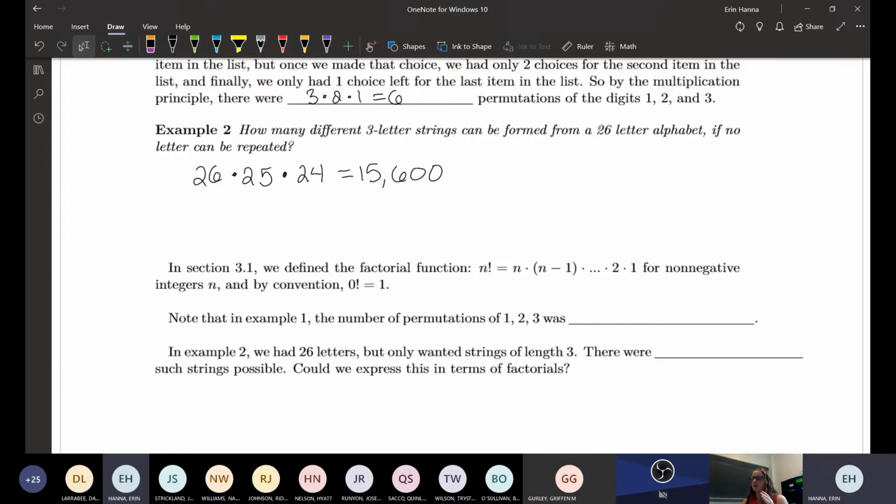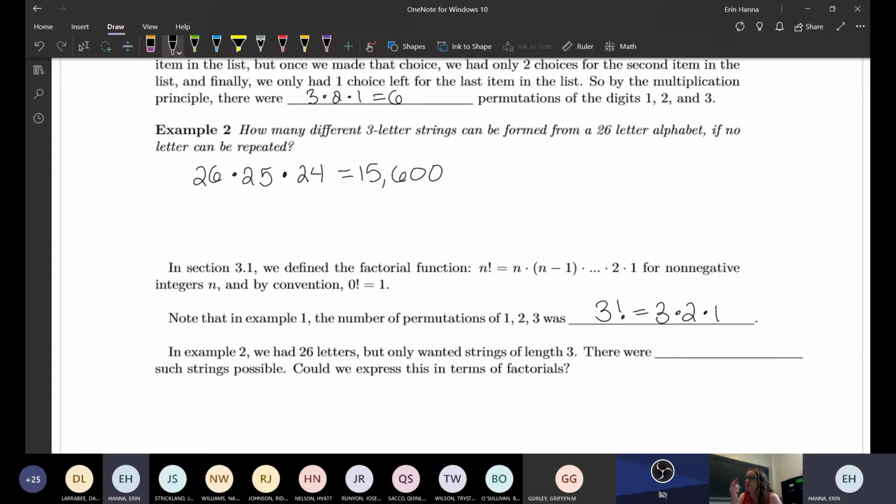And that only works for non-negative integers. And by convention, remember we said that 0 factorial was 1. So in example 1, the number of permutations on 1, 2, and 3 turned out to be 3 factorial because it was 3 times 2 times 1.